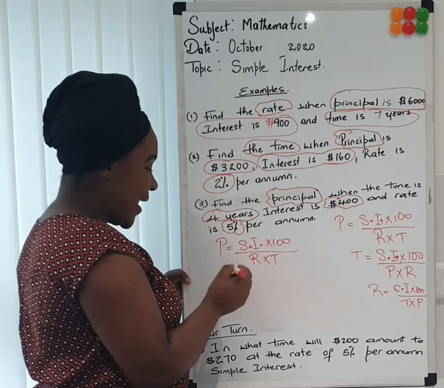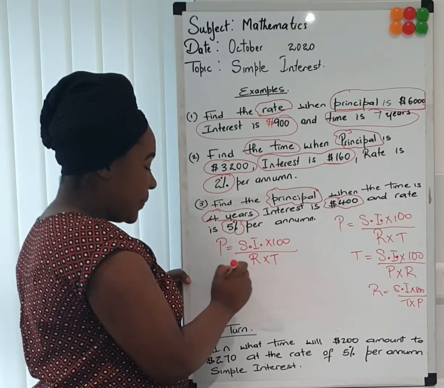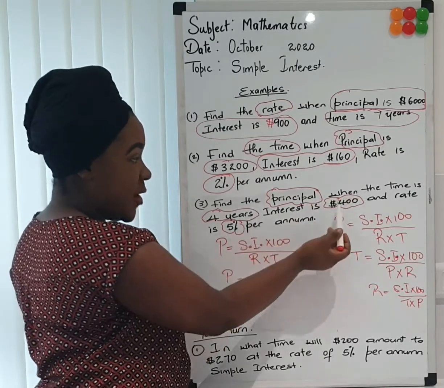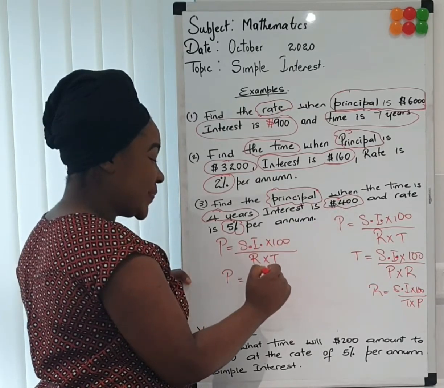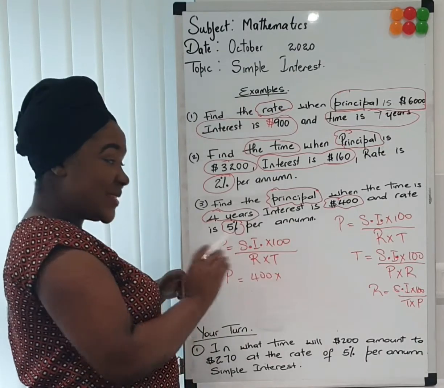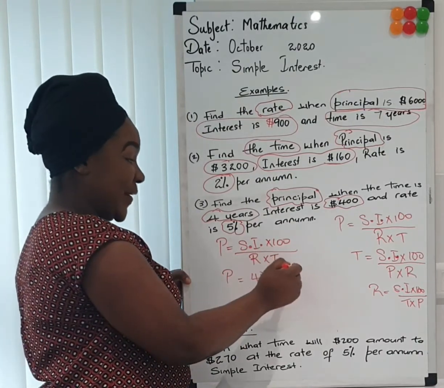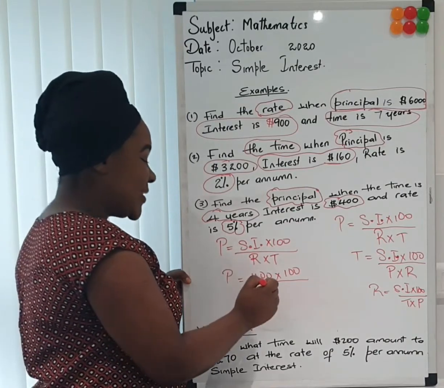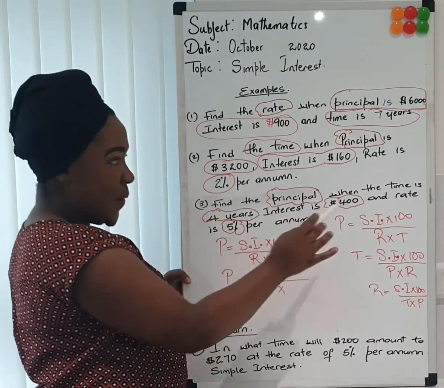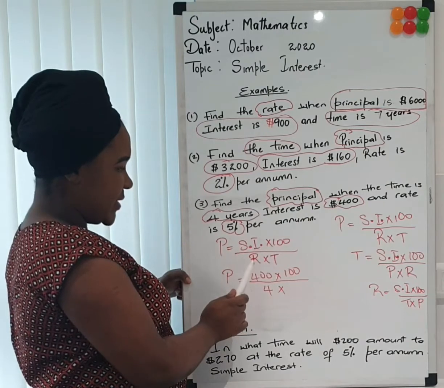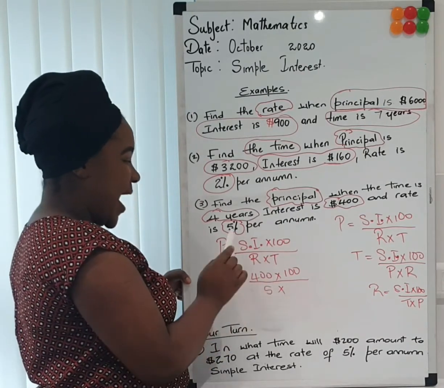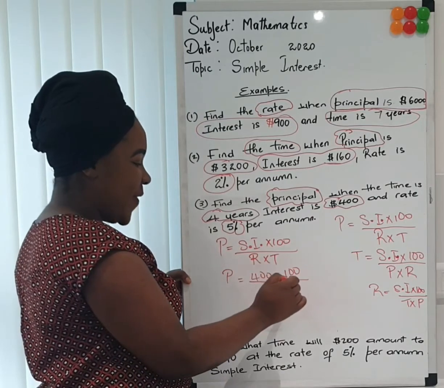So I have principal equals the simple interest, 400, times 100, divided by, what's my rate? My rate is 5, and my time is 4 years.